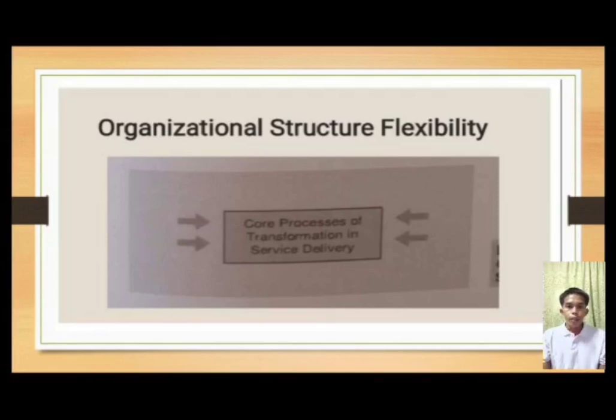The arrows on either side likely represent inputs, resources, information, or customer needs, and outputs, service delivery. Flexibility ensures that this process can change smoothly without disrupting the organization's goals.